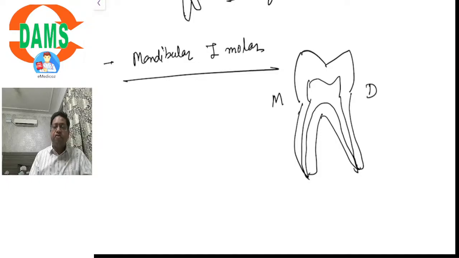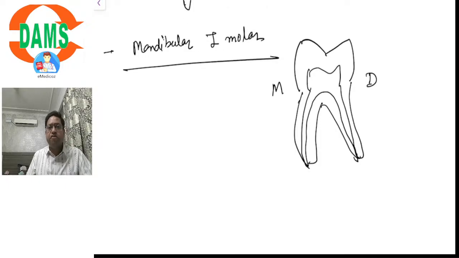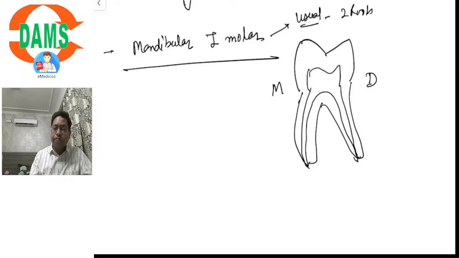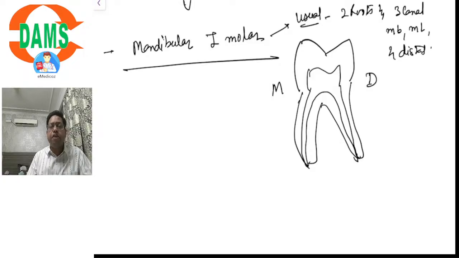Mesial root is usually curved and the distal root is straight. Two roots with three canals. So the usual picture, a normal picture, is two roots and three canals. The three canals are the mesiobuccal canal, the mesiolingual canal, and the distal canal. This is the usual picture of a mandibular first molar, in the majority of cases.